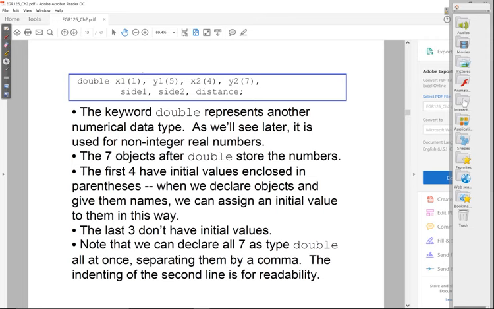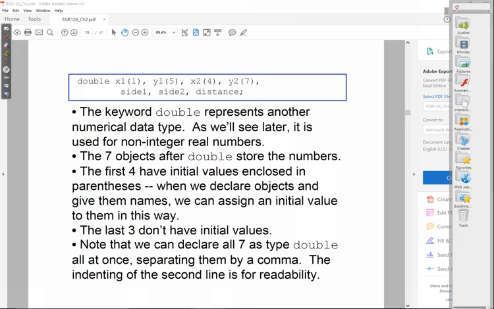So in this program, you're going to think to yourself, I'm going to write a program that calculates the distance between 2 points. So right off the bat, 2 points in 2D space, I need x and y coordinates for each point. So that's 4 values. I need to come up with 4 variables, or 4 names, for those 4 values. And that's x1, y1, x2, and y2 as listed here.